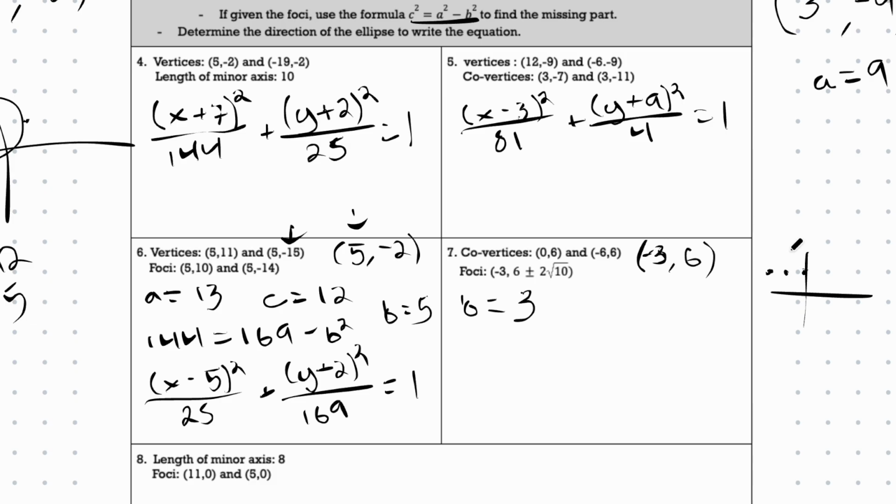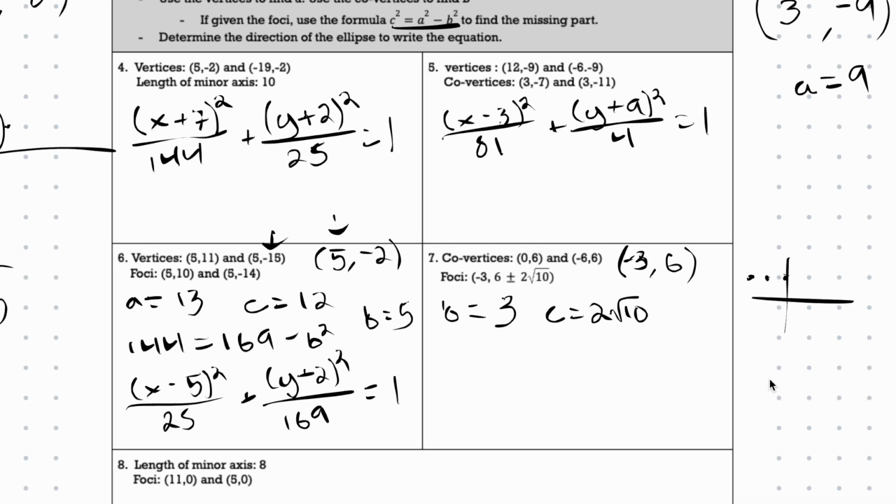So we're going up 2 root 10, and down 2 root 10. And that means our c value is going to be just 2 root 10, since we're going up and down in both of those directions, that length.